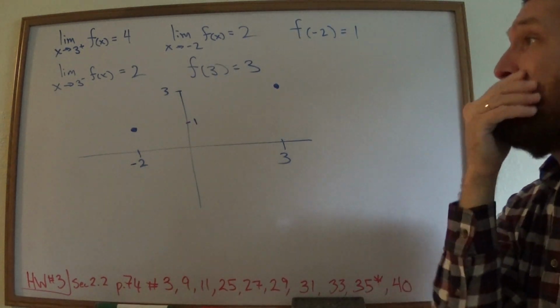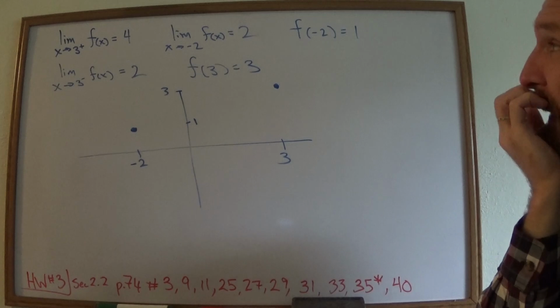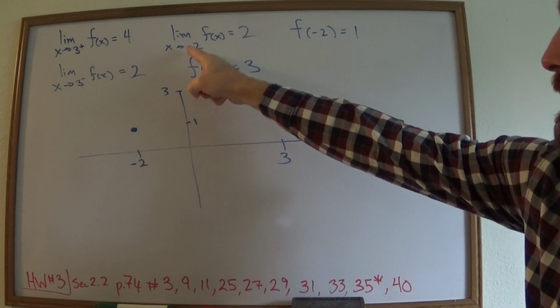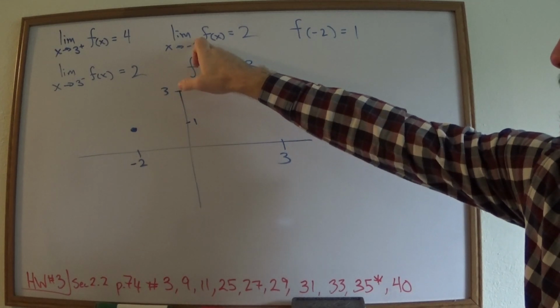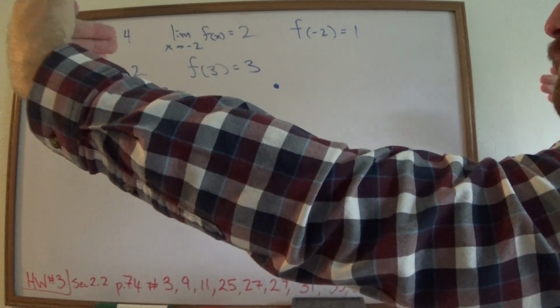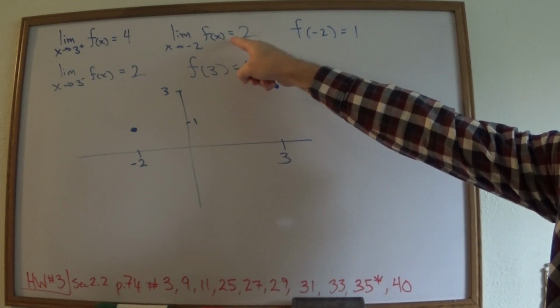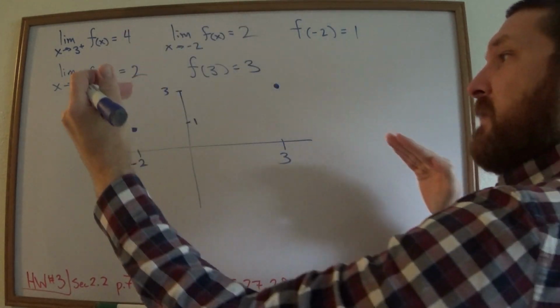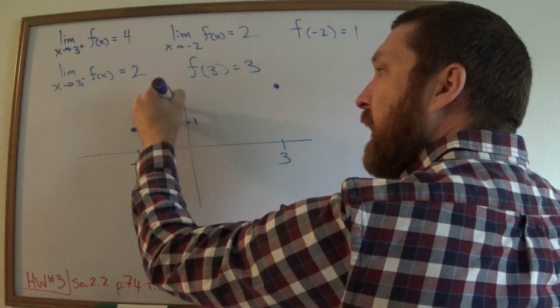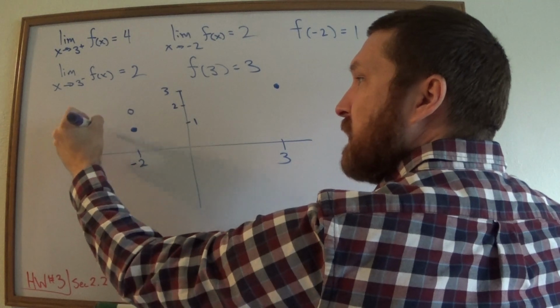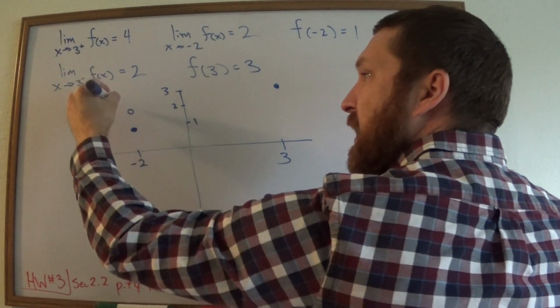Now, what can we say about the rest of it? This one tells me that as I go to -2, and since there's no plus or minus right there, it must mean from both sides, this function goes to 2. So there's a hole here at 2. Maybe the function comes down and comes back up.